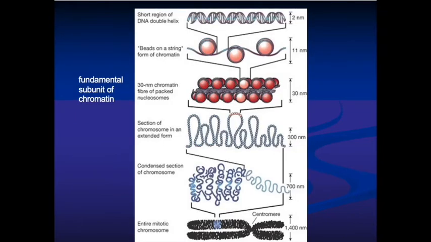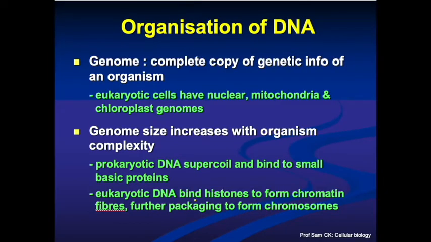The secret lies in how the DNA is organized in the nucleus. For this you need to understand the fundamental subunit of chromatin. We'll start from here. This is the basic structure of the DNA, the double helix. As I mentioned before, DNA binds to histones.